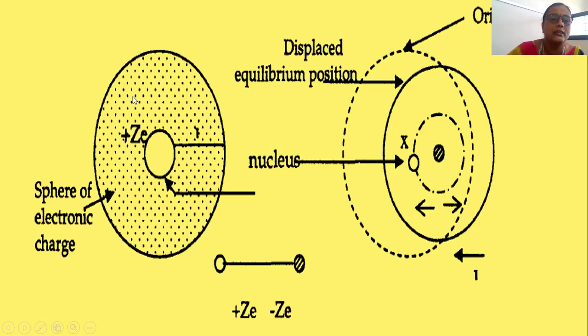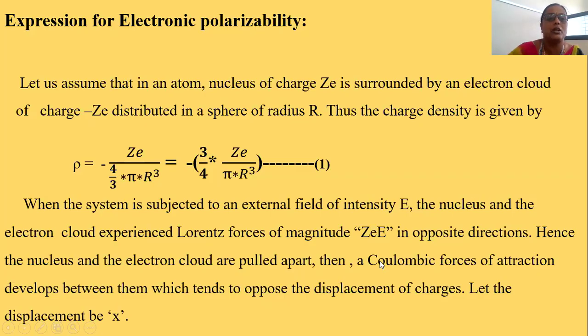That is known as the sphere of electronic charge, and they will be separated by some distance. So if the positive charge moves in the direction of the field, then the sphere of electronic charge will move apart from that. So that is your electronic polarizability.